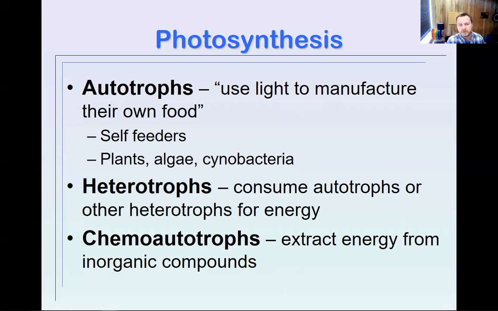Now, you and I will consume autotrophs, vegetables and plant material, but we'll also consume other heterotrophs. So heterotrophs can be carnivores, omnivores, or herbivores. Hetero meaning other, troph meaning consumer or eater. So these are other eaters, if you will.